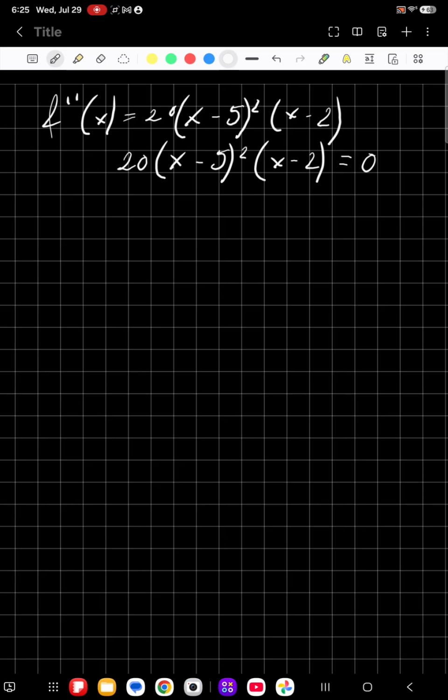Okay, so if we solve it for x, we get x equals 5 and x equals 2. So these are not necessarily inflection points, and we will see why. We could call them critical numbers, key points.